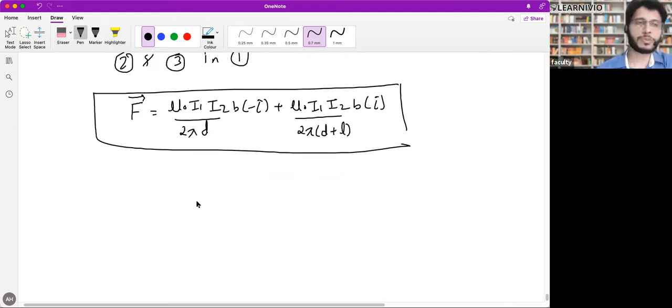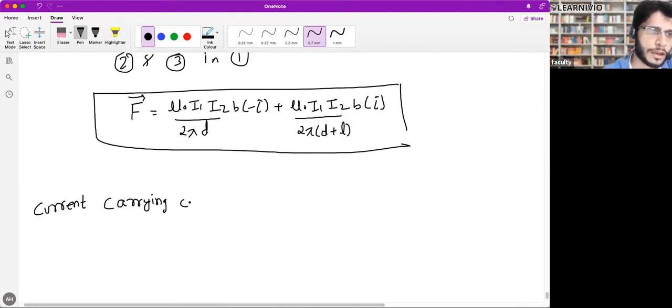Okay, after this, let's move on to the last topic, which is current carrying coil as a magnetic dipole.